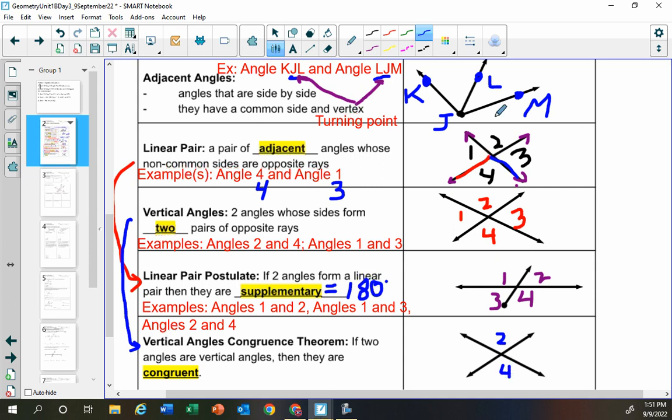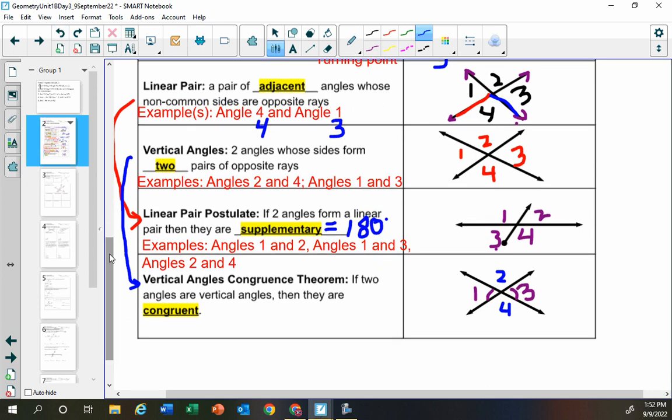They're going to be congruent. Same thing with 1 and 3. They too will be congruent. And then sometimes you might see that arc. Or I think we talked about it briefly. You might have that double arc. Boom, boom. Well, I'm not going to put the double arc in for now, but yeah. So vertical angles.